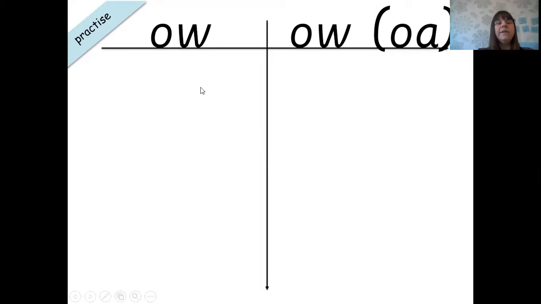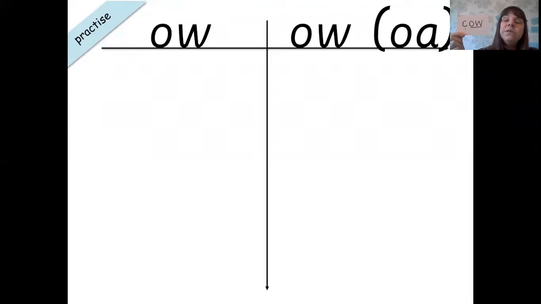So on this side here is the ow, and on this side is the oh. I've put the digraph at the top there to help you. I'm going to show you some words, and you're going to tell me whether it goes under the oh or the ow sound.